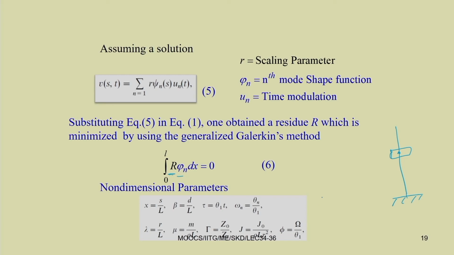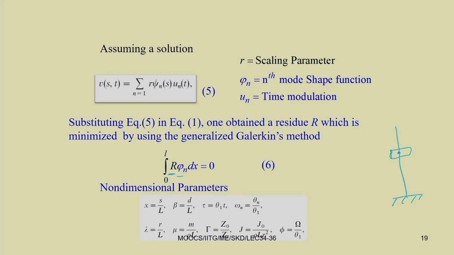Using these parameters, for example, we can use the non-dimensional parameters x equal to s by L, beta equal to d by L, tau equal to theta 1 by t, omega n equal to theta n by theta 1, lambda equal to r by L, and mu equal to m by L. Mu is the mass ratio we have taken here, and gamma is z0 by z.